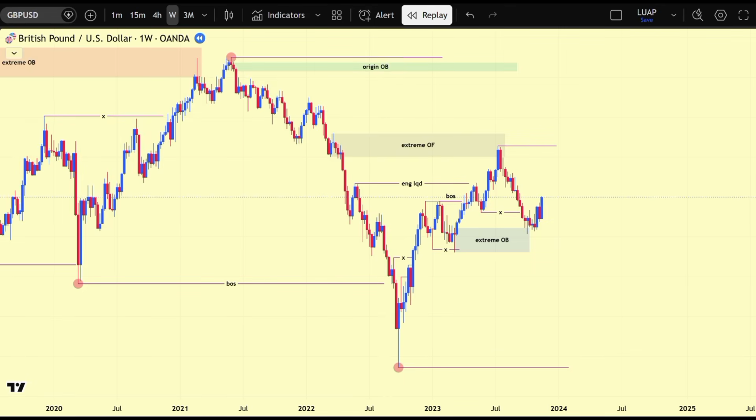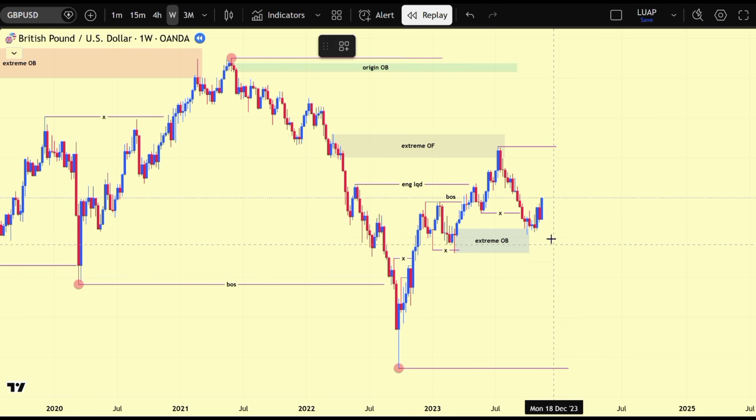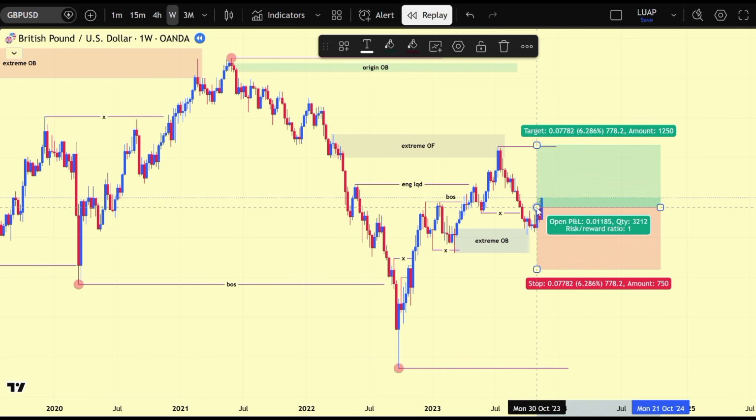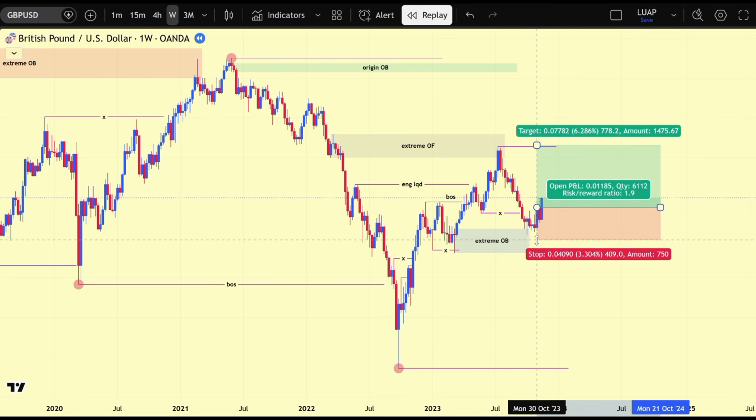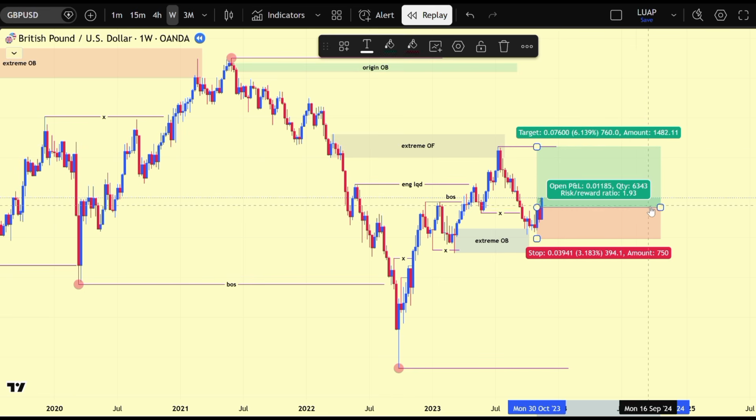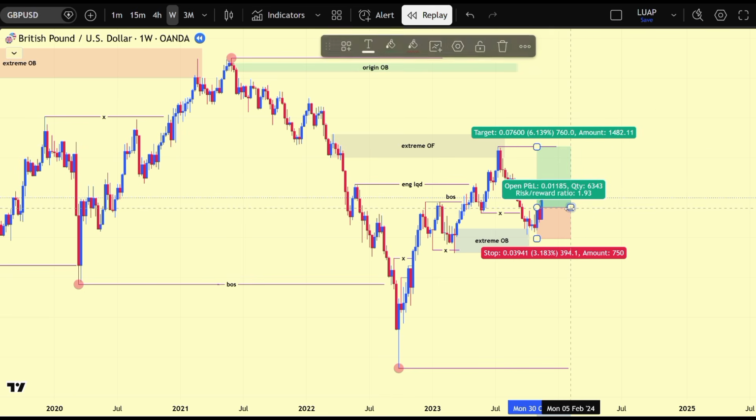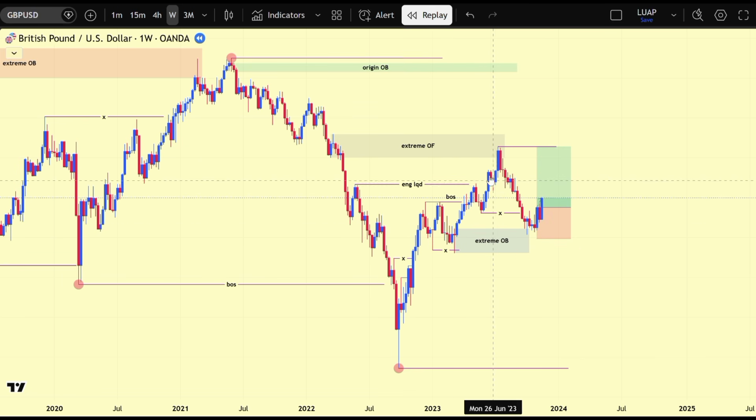I know someone else right here will take the buy from this area right after seeing this beautiful reversal pattern, a clear directional shift, placing their stop loss below there, and they'll be targeting this high exactly right here.